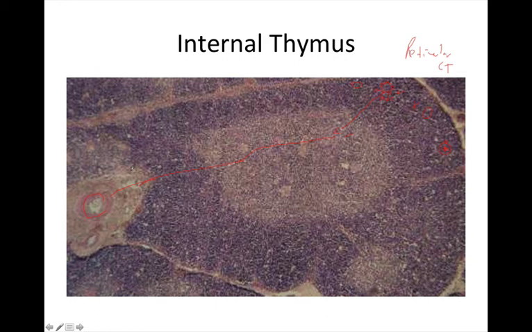Basically what's going to happen here, there are epithelial cells, antigen presenting cells, and a bunch of cells inside here that are going to make these T cells come in contact with various antigens. However, the antigens that these developing T cells come in contact with are self-antigens, all right?